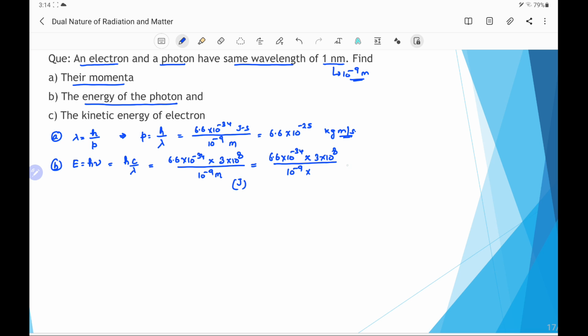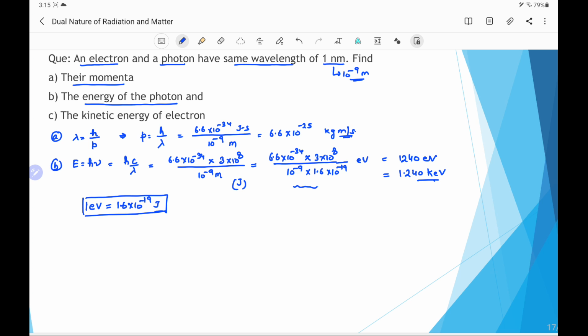This joule amount is divided by the conversion unit, 1.6 into 10 raised to the power minus 19, so we will get the energy in electron volt. We know 1 electron volt is equal to 1.6 into 10 raised to the power minus 19 joule. So solving this, we will get 1240 electron volt, or we can also write it as 1.240 kilo electron volt.